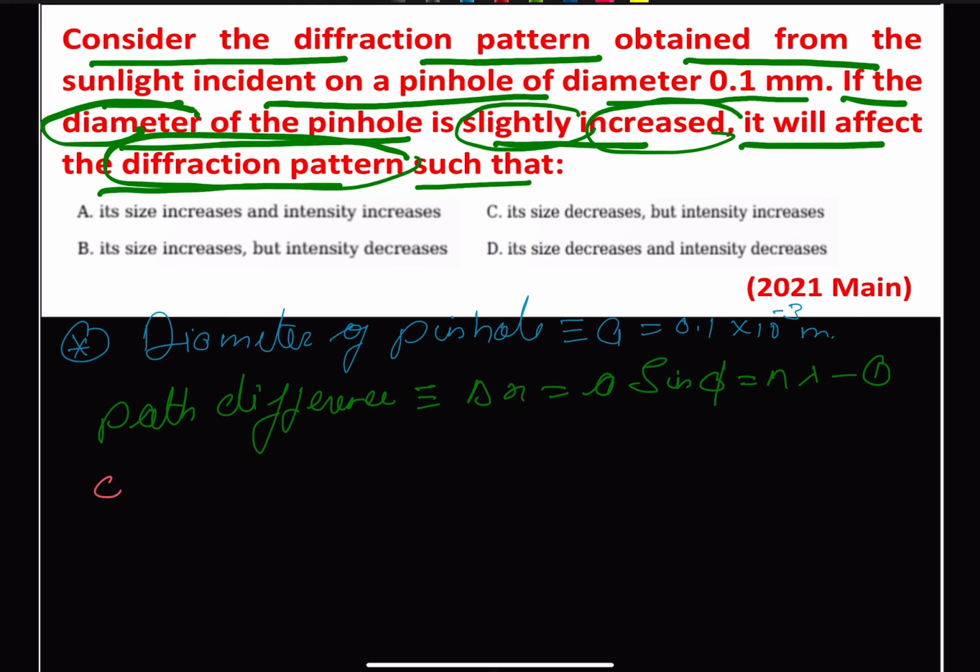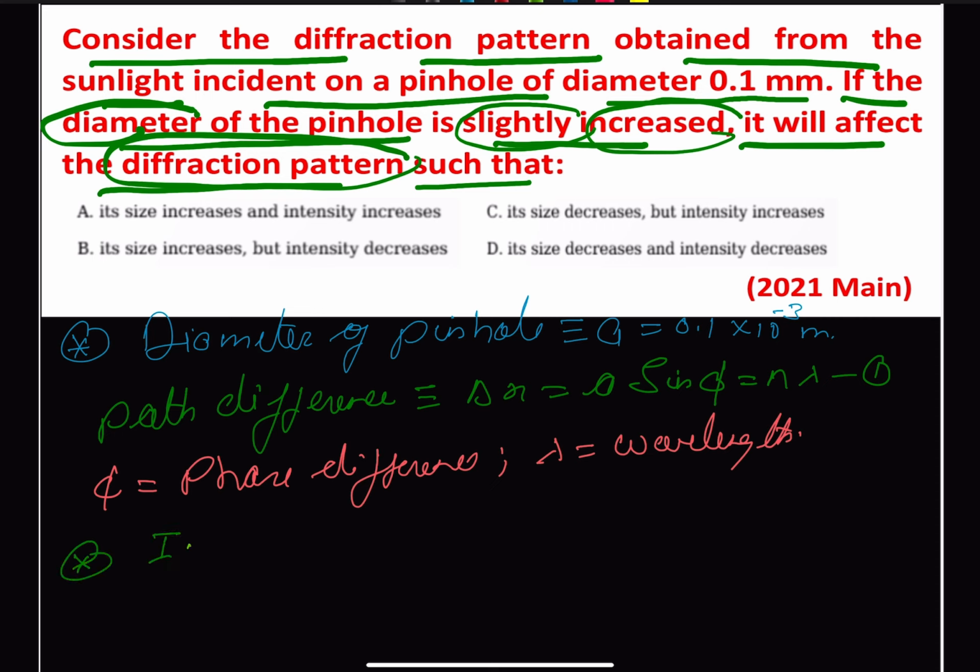So you can say our phi is the phase difference and lambda is the wavelength. And we also know that the intensity I is also given as 4 times I naught cos square of phi.